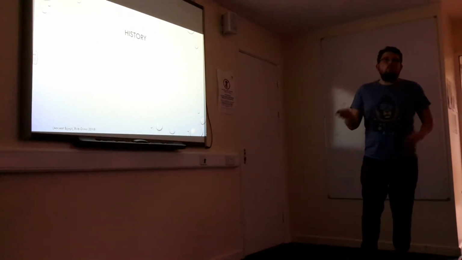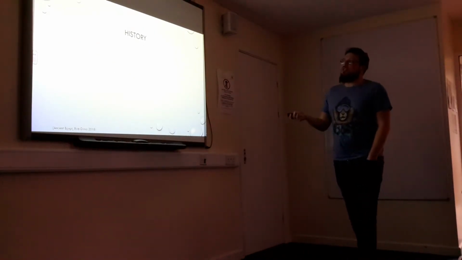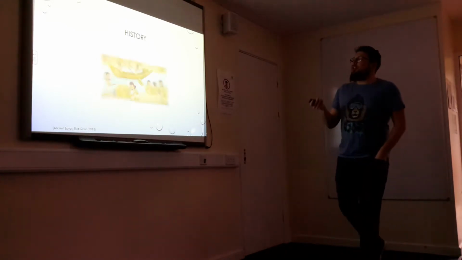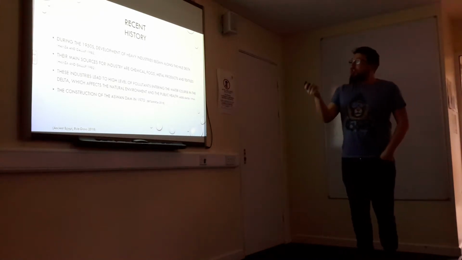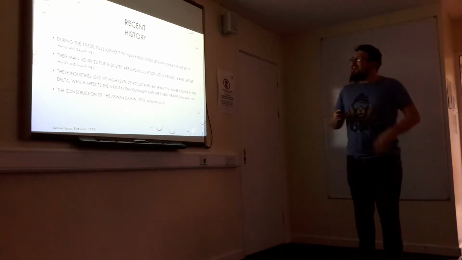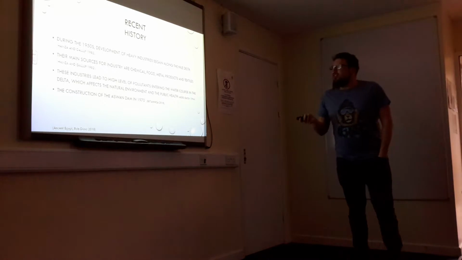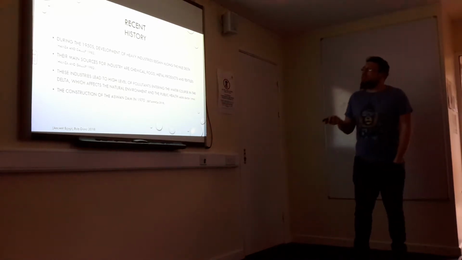The history, what do you think of the history of the Nile Delta? Well, most people would instantly go to ancient Egypt, but we don't want that, we want the recent history. So during the 1950s, development of heavy industries began along the Nile Delta.